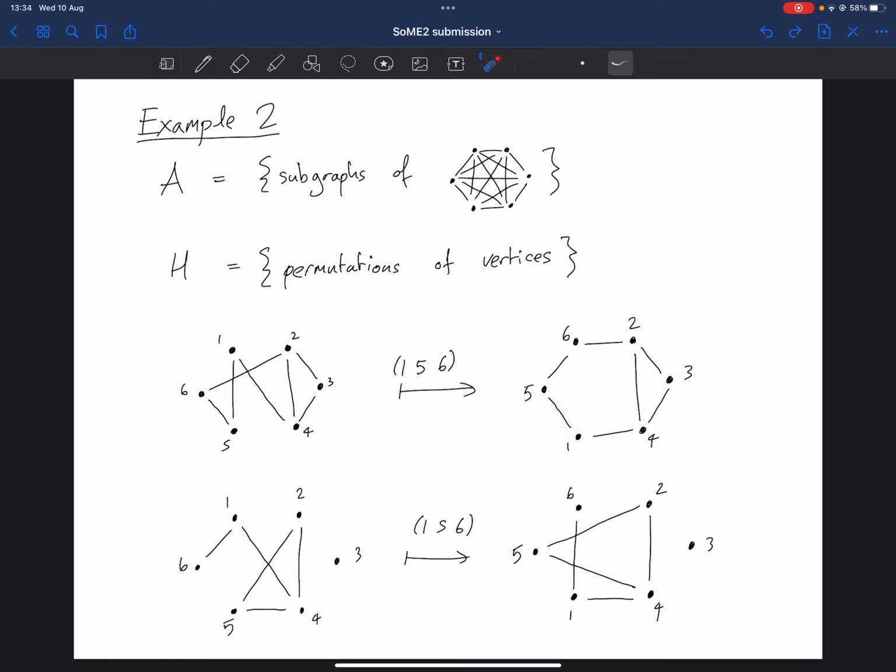The edge between vertex 2 and vertex 4 stays where it is because the vertices stay where they are, and the edge between vertex 2 and vertex 6 maps to this edge here.